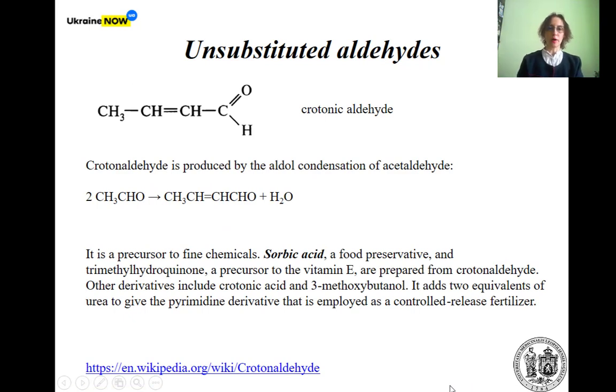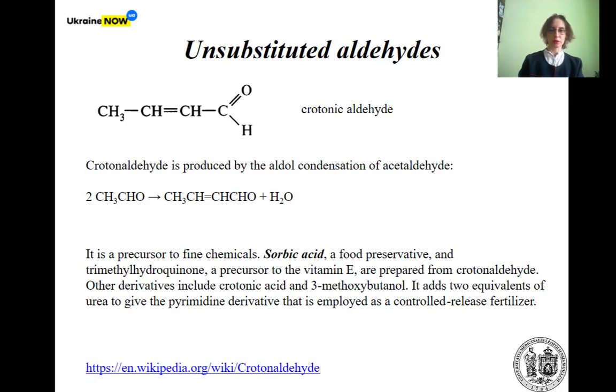And one more compound that belongs to the unsaturated aldehydes is crotonic aldehyde. This aldehyde is obtained by the aldol condensation of acetaldehyde and subsequent removal of water. We can say that it is crotonic condensation of acetaldehyde.